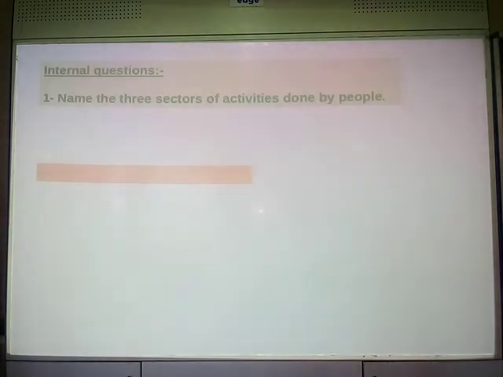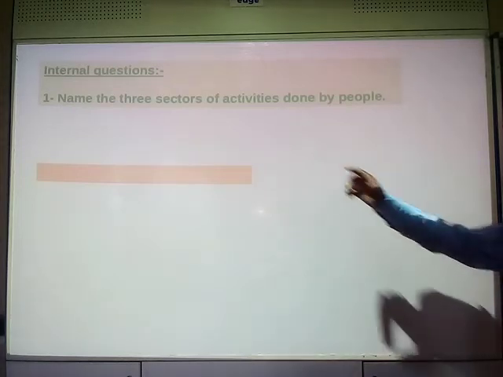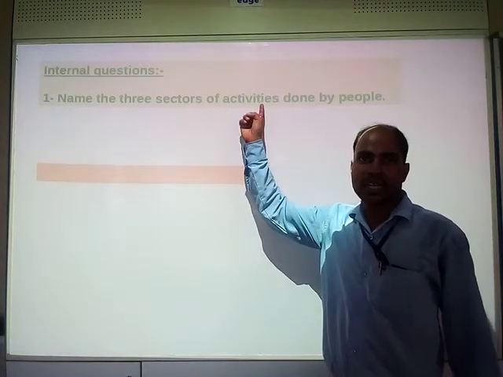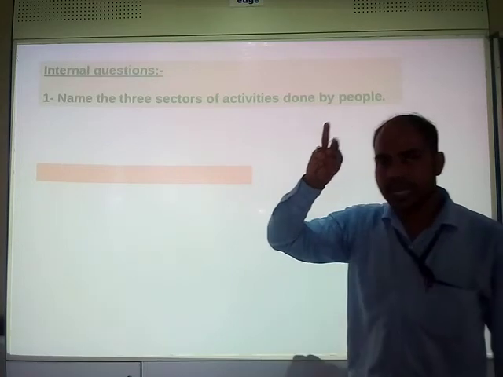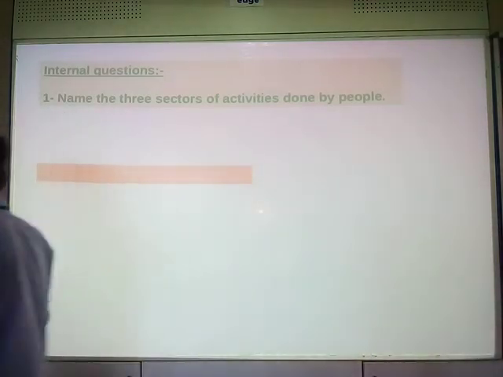Now it's time to begin with the internal question answers. Look at the questions very carefully. Your first question: name the 3 sectors of activities done by people. That means what are the different types of activity. Activity is divided into 3 sectors: primary, secondary and tertiary, right?